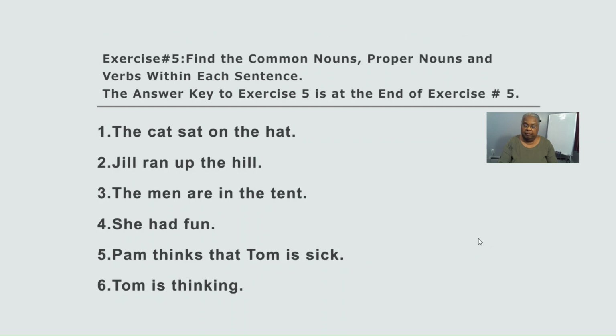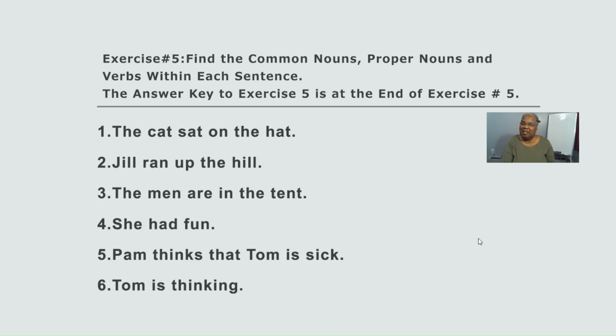Exercise 5. Carefully read the following sentences. Find the common nouns, proper nouns, and the verbs within each sentence. When you find the common nouns, proper nouns, and the verbs within the sentences, write them on your writing paper in the word order that they appear within each sentence.